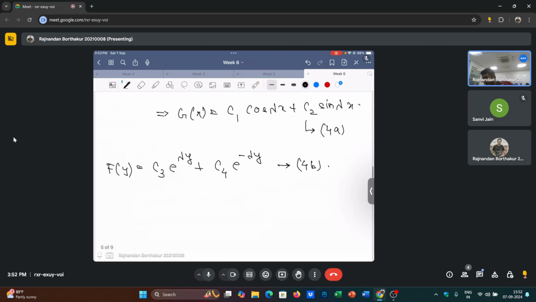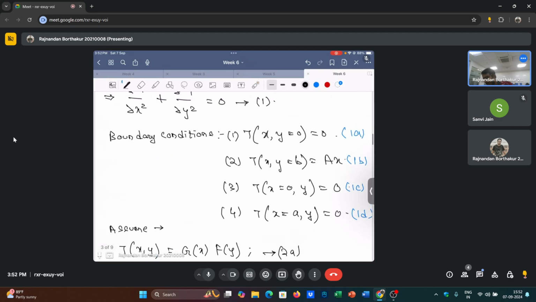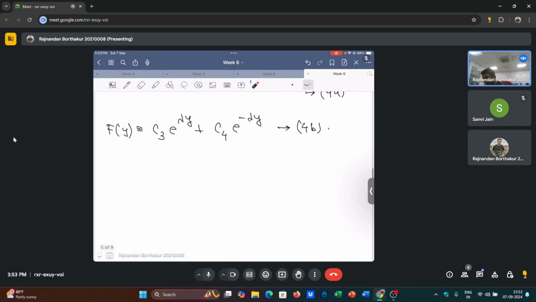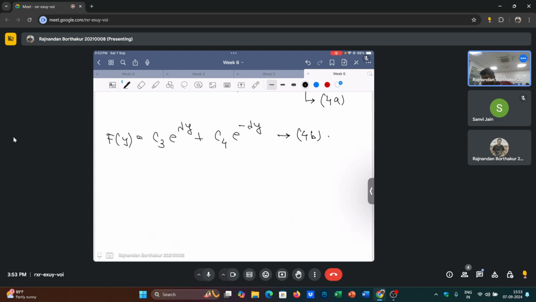The third and fourth boundary conditions are: T at x equal to 0 for all y is 0, and T at x equal to a for all y is 0. If I use this, I have T at x equal to 0 for all y is 0, and I know that my T is the product of g and f, so I can write this as g at x equal to 0 multiplied by f of y equal to 0.